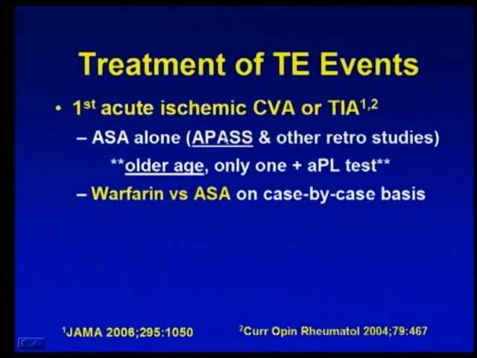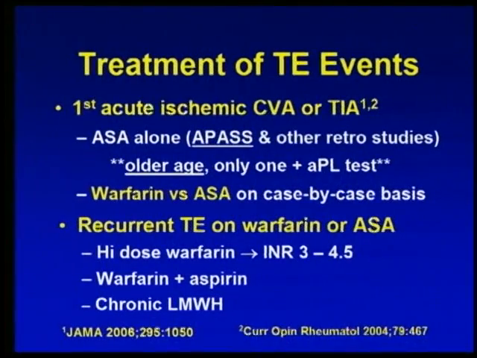So aspirin alone in an older individual may be okay. The caveats with these studies is that they did not actually do the rigorous diagnosis for antiphospholipid syndrome criteria. So I think it needs to be a case-by-case judgment whether you use aspirin or not.